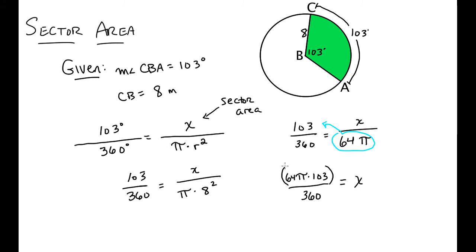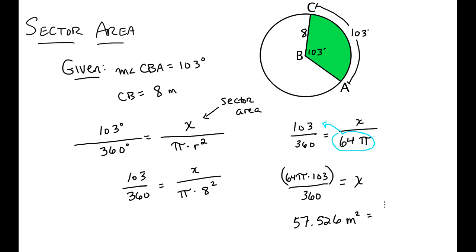To recap, the first thing I clicked on my calculator was an open parenthesis, 64 pi times 103. I closed that parenthesis, and then I hit divided by 360. And it'll give you your answer, 57.526. This is an area, so we're in meters squared.